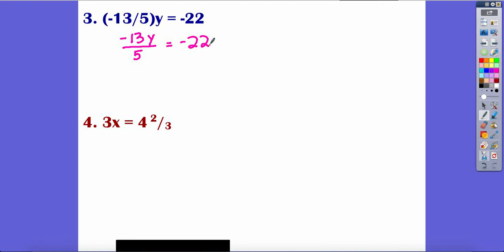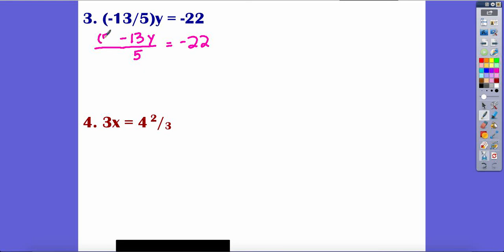This problem is going to be a two-step problem because I have a number in front of my variable, but I also have division within that as well. So the very first thing I'm going to do is worry about this division part and get it out of there. I want this 5 to become a 1 somehow.